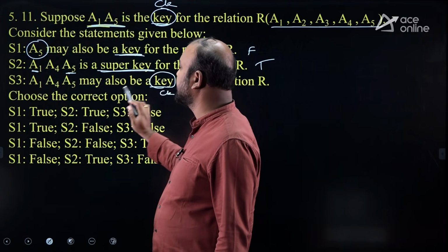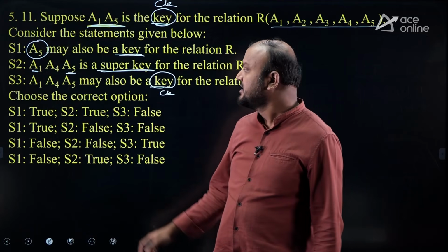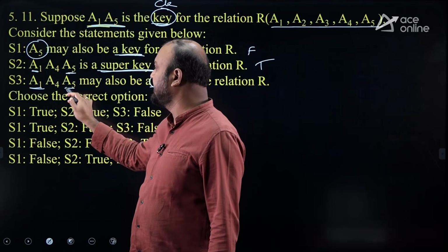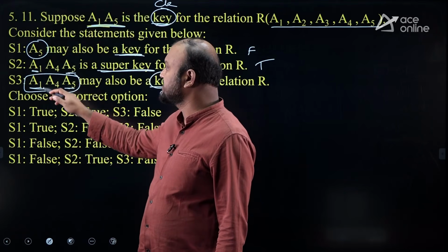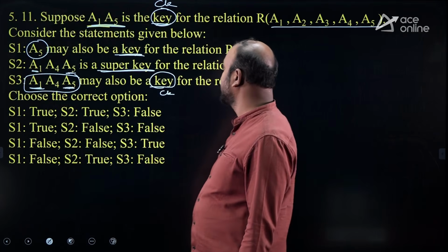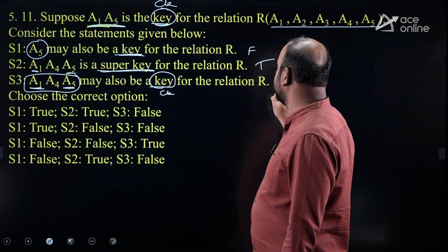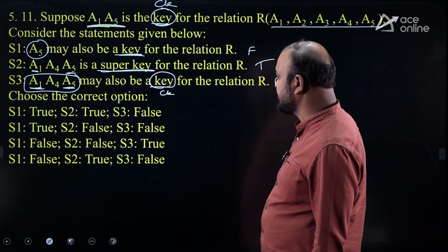But if it is a candidate key, its subset should not be a key again. But A1, A5 is already a key. It is a superset, but not a candidate key, because in that superset its subset A1, A5 is already a key. So it is a false statement, right? So what is the answer for this question?